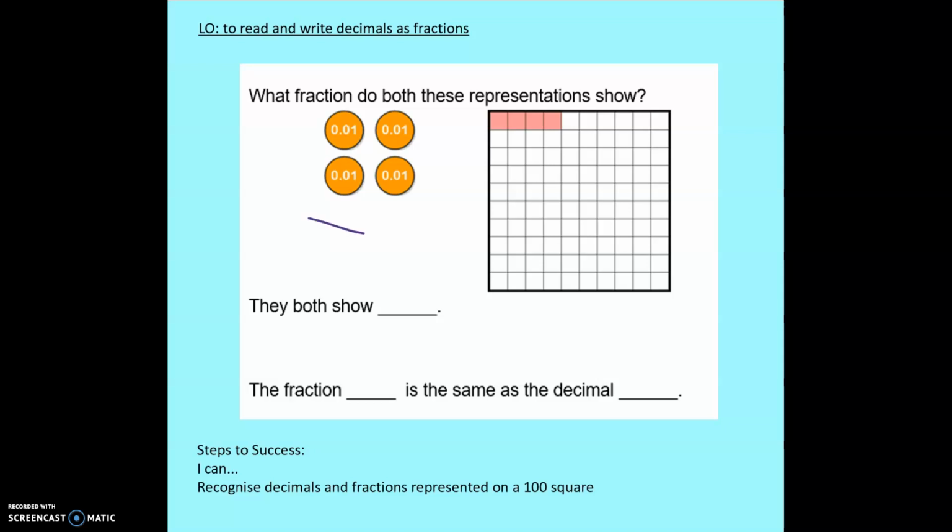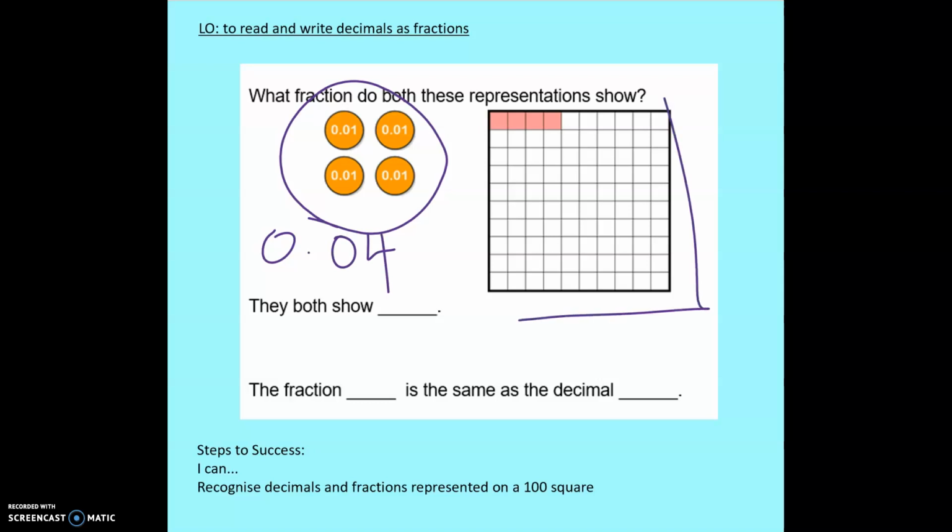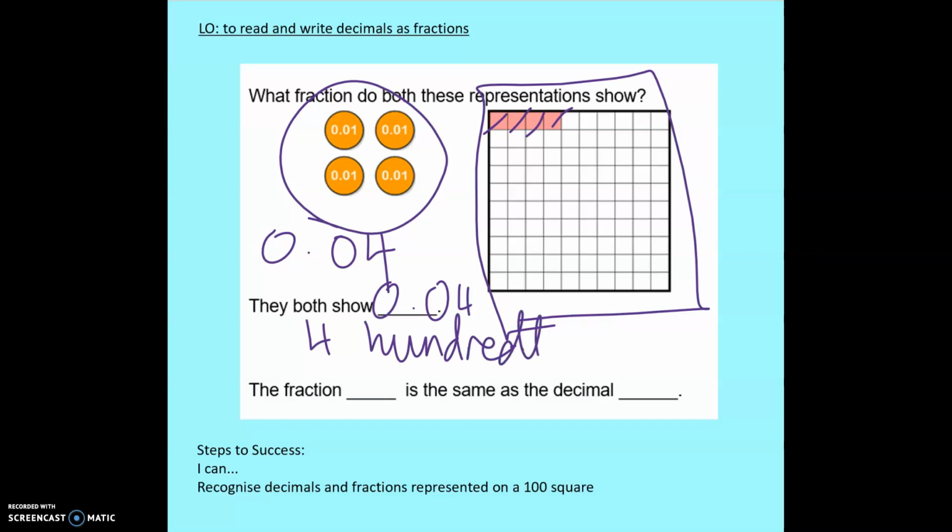If you look over here, you can see quite clearly I have 4 hundredth counters, which is going to show 0.04. Over here I have a 100 square, so again it's split into hundredths and I have 1, 2, 3, 4 squares coloured in. Both of these representations show 0.04 or 4 hundredths.